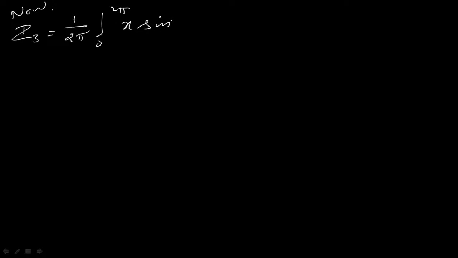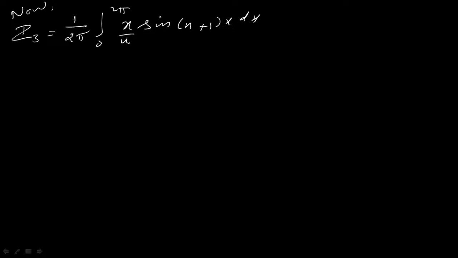So now I3 is equal to 1 by 2 pi integral 0 to 2 pi x sine n plus 1x dx.